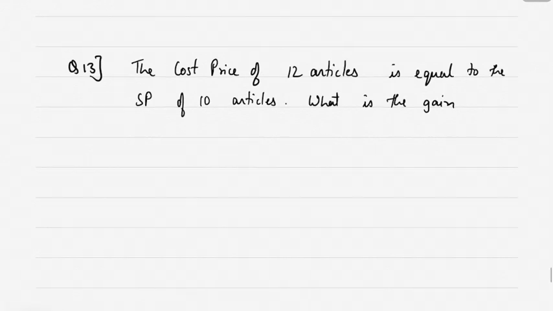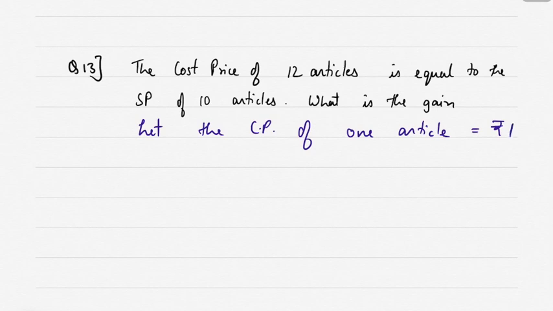So let the cost price of one article be rupees 1. Therefore, cost price of 12 articles is rupees 12. If one article's value is 1 rupee, 12 articles is rupees 12. 12 into 1 is 12.